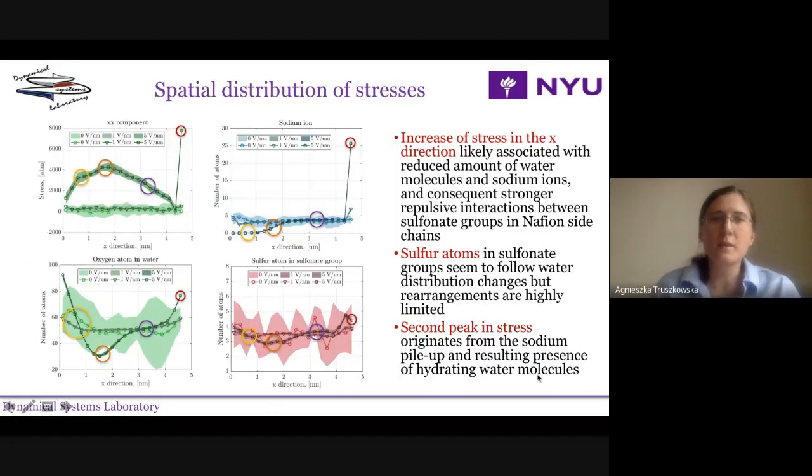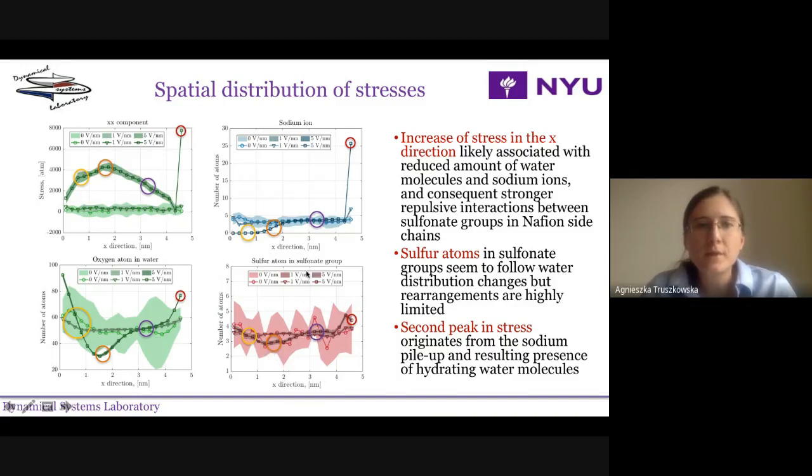So to explain the stress distribution in the electric field direction, we compare it to the concentrations of the involved species, and we can see that the peak of the stress distribution, the orange peak, corresponds to the lowest number of water molecules, and similarly a lower number of sodium ions and sulfonate.